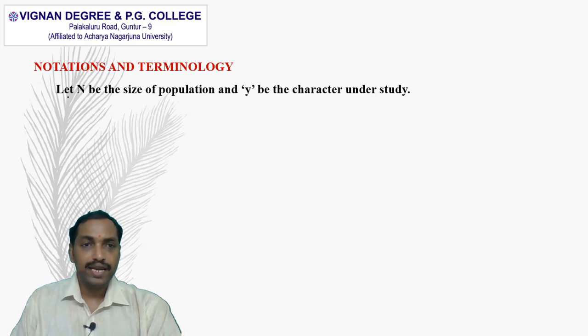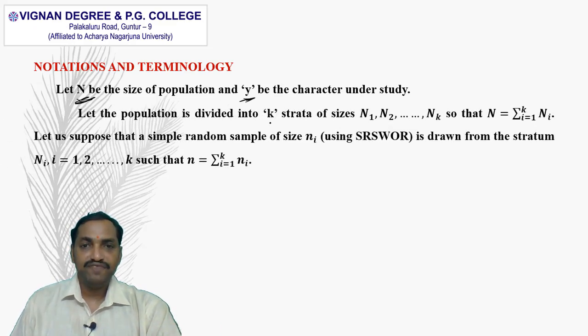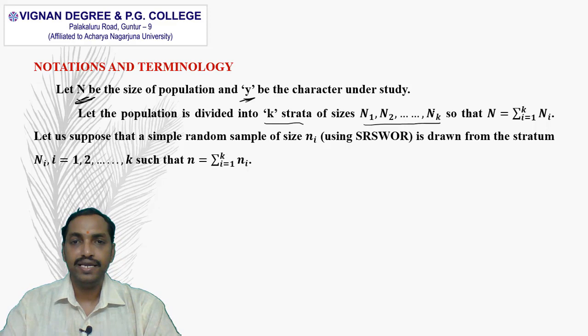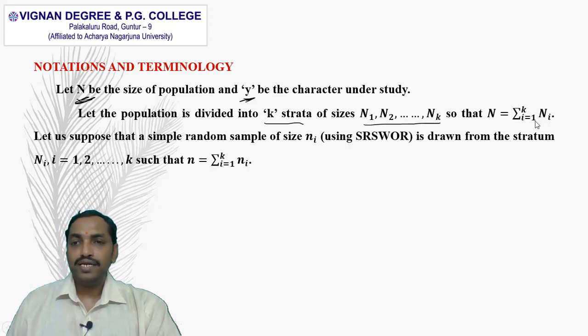Here, let capital N be the size of the population and small y be the character under study. Let the population be divided into k strata of sizes capital N1, capital N2 and so on up to capital Nk. Here strata means the groups, a combination of several groups, so that capital N is equal to the summation of Ni, i equal to 1 to k.